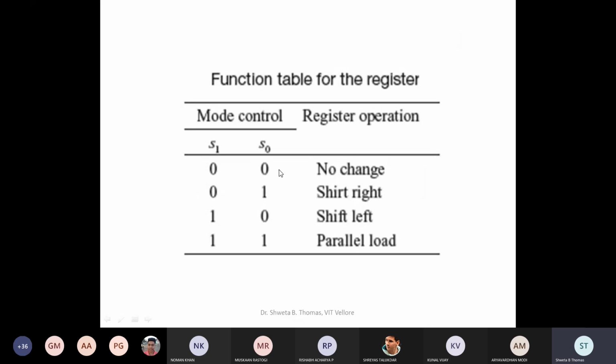When S1 S0 is equal to 0 1, that means the shift right operation will work. This circuit will act as a shift right. When S1 S0 is equal to 1 0, that means there will be a shift left. When it is 1 1, that means it will act as a parallel register. So these are 4 different selection modes for the working of this circuit.